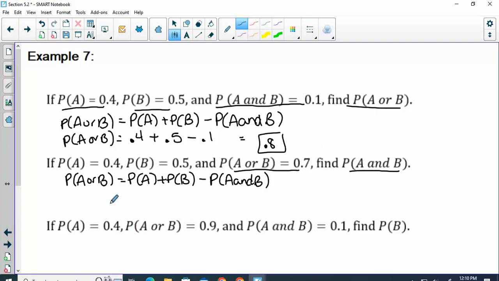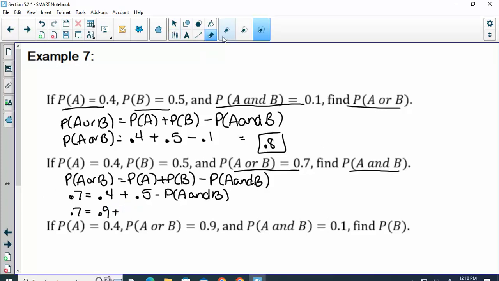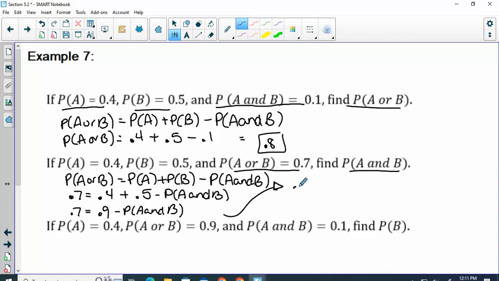Plug in what we know. So the probability of A or B, 0.7, equals the probability of A, 0.4, plus the probability of B is 0.5, minus the probability of A and B. Okay, so if we subtract over the 0.9, we have a negative 0.2 equals a negative probability of A and B. Divide by the negative, so the probability of A and B is 0.2.